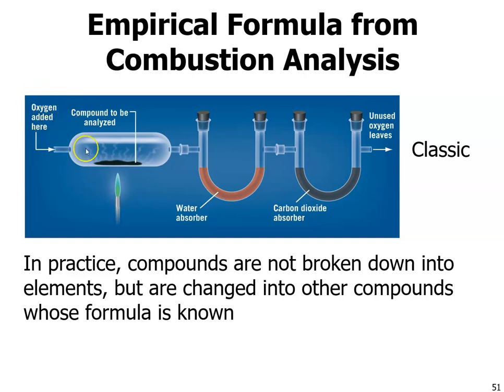So oxygen is used to burn and heat, and then the water is going to be made up of any hydrogen in here, and also the oxygen that's being added. And the carbon dioxide is going to be from the oxygen and carbon that is being absorbed here, and then the oxygen leaves. So usually if we know that these can be changed into other compounds whose formula is known and the weight of those is known, then we can work backwards to determine that.